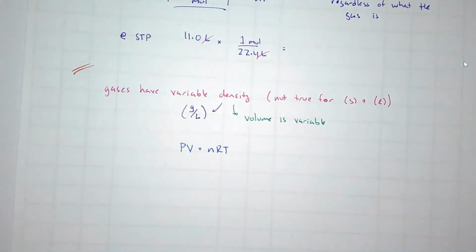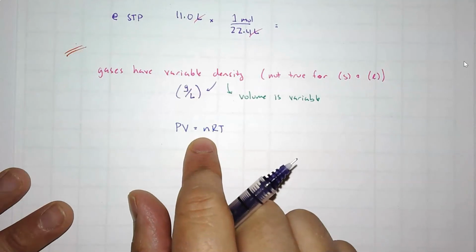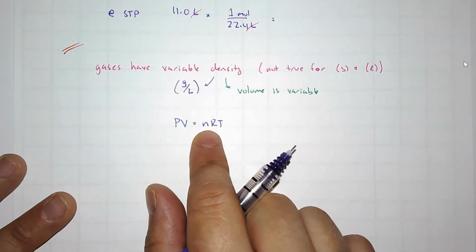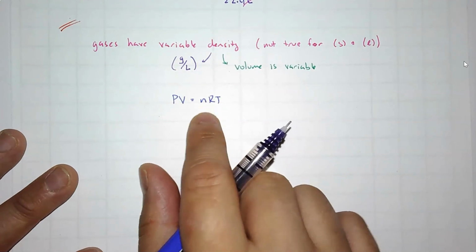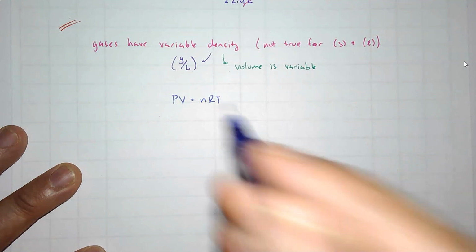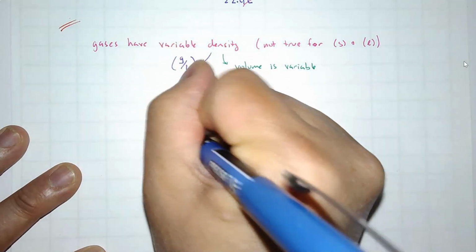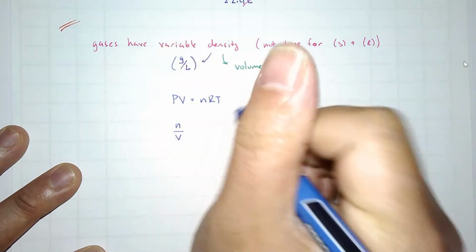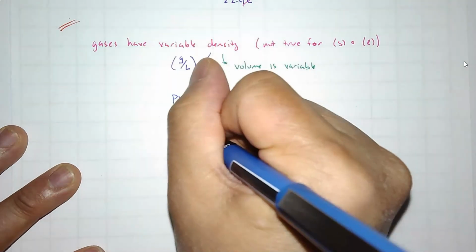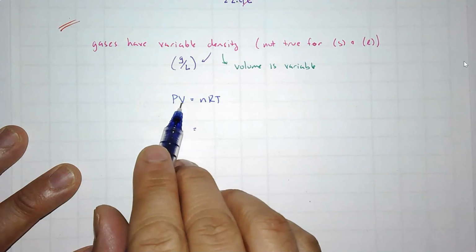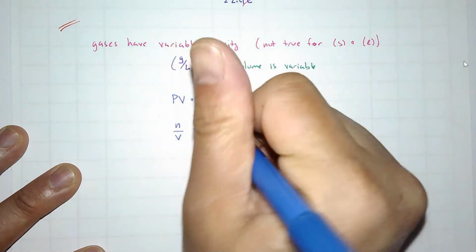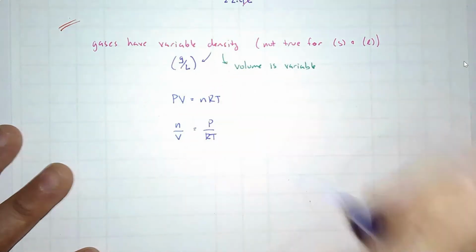We don't have mass here in this equation, but we do have moles, and you know that moles can be converted into grams. What I want to do is rearrange the equation so I have n over V, so that V is now liters, in the correct position. I brought the V to the right, and I have P over RT.